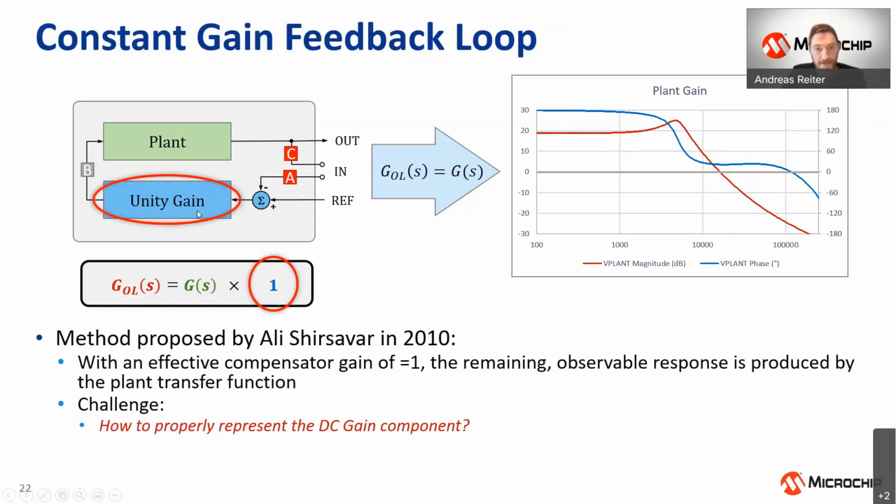Because if it's really just a unity gain and I inject something here, I might get an error, but that error needs to be translated into some control output, which goes into the PWM, which is then introducing this DC offset. If we look into our equation, however, that is straightforward. We are just replacing our H(s) with something that has a gain of 1. So eventually, what we measure is only the remaining plant gain.